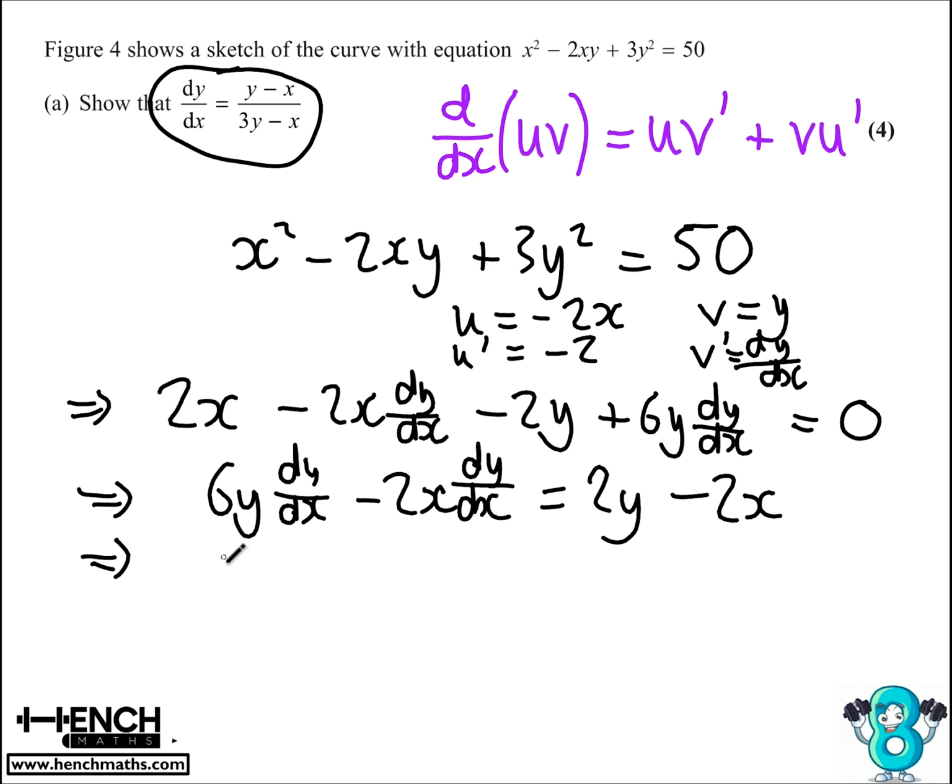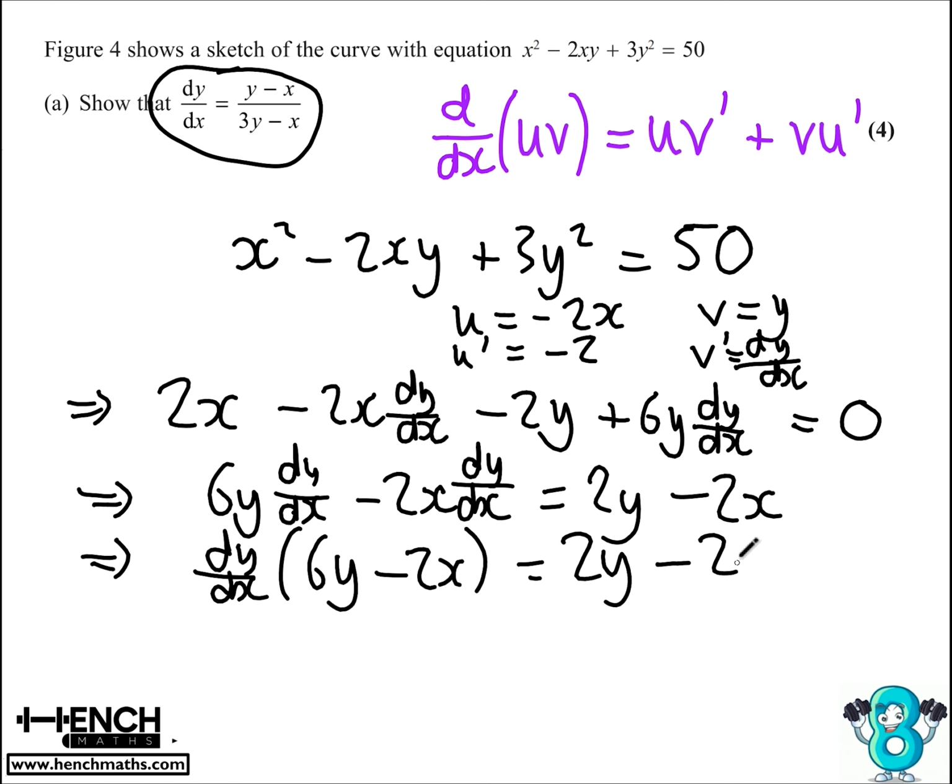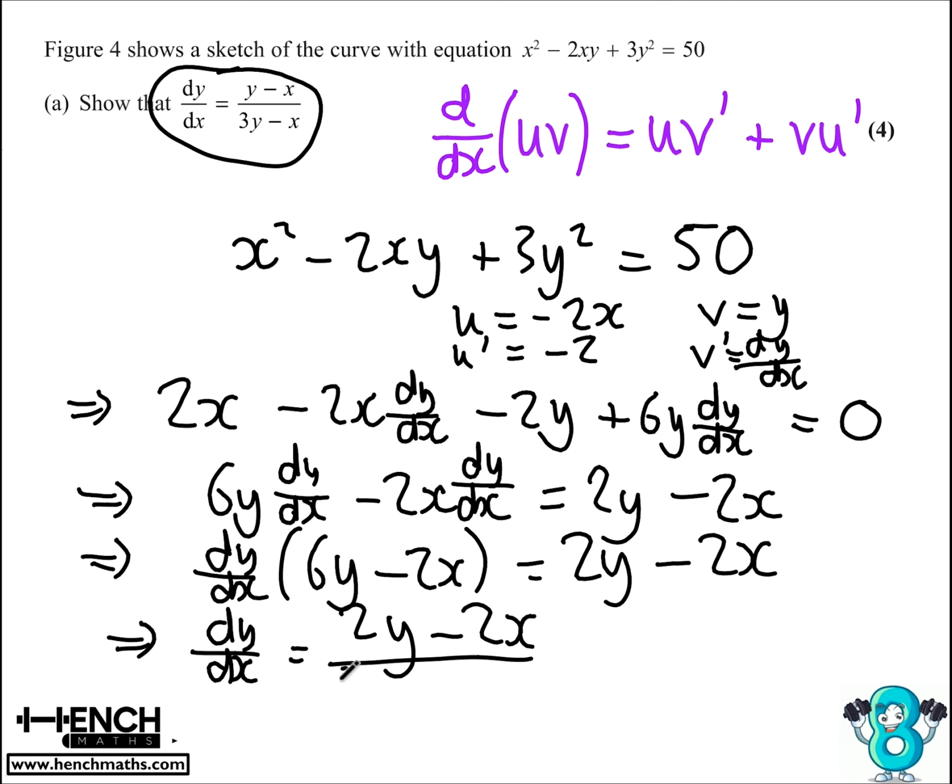We can now factorize, so we get dy by dx multiplied by 6y subtract 2x is equal to 2y subtract 2x. We can now divide this over, so dy by dx is going to be equal to 2y subtract 2x, all divided by 6y subtract 2x.